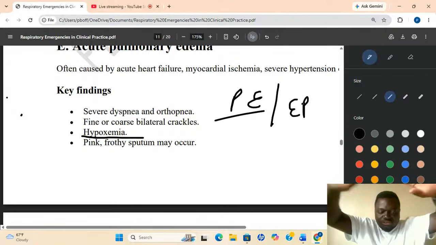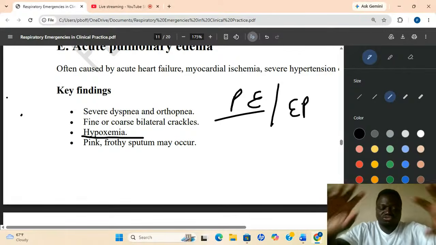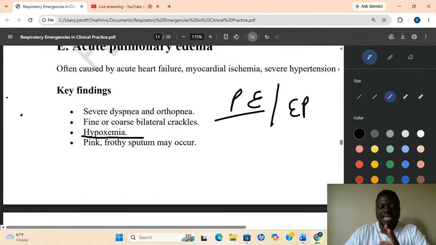Somebody will cough it out. Imagine I mix blood, I mix water, I mix sputum, and I pour it in your stomach. You vomit, because it becomes a foreign body. So in the lungs too, it becomes a foreign body. So you cough it out. You see there is air in it: pink, frothy sputum.